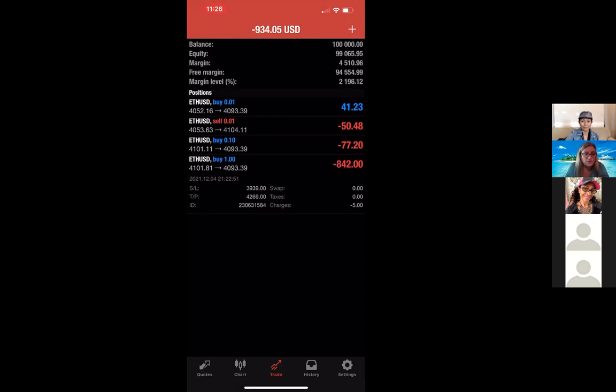Our entry point was 41.01. And the price right now, if you look at the little arrow at the bottom, the dollar trade, it says Ethereum buy $1 and it says 4101.81. That is the price that we entered the trade on.